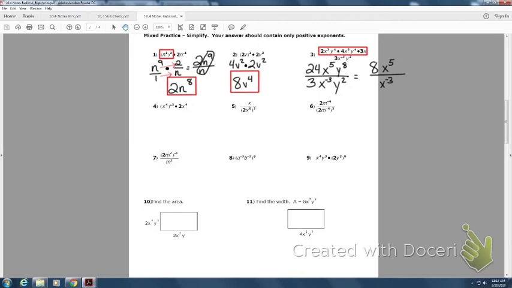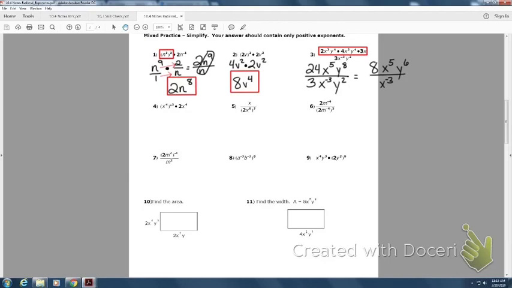And then I've got y to the 8th divided by y squared. Alright, which, Erica, what does that become? Y to the 6th. Whenever you do that, make sure you always put the result in the numerator. Whether it's positive or negative, you need to put it in the numerator. If it is after the subtraction, if it's then negative, then you'll move it down to the denominator and it becomes positive.